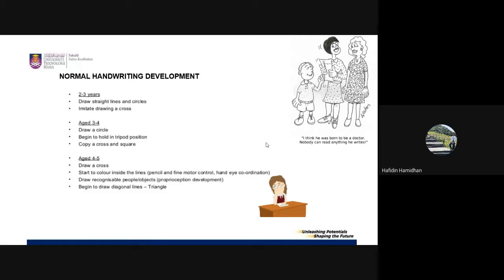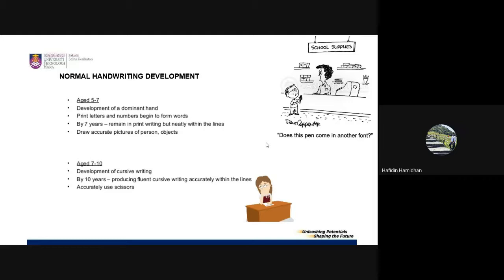Ketika berumur 4 hingga 5 tahun, kanak-kanak tersebut sudah boleh draw cross dan start to colour inside the lines, yang mana sudah mula menunjukkan kemahiran memegang pensel, fine motor control dan juga eye hand coordination.